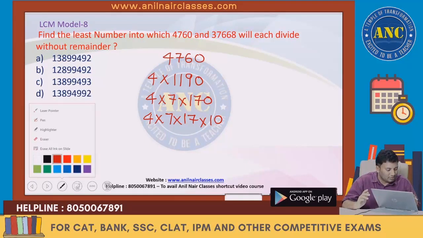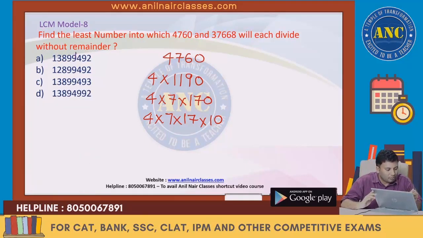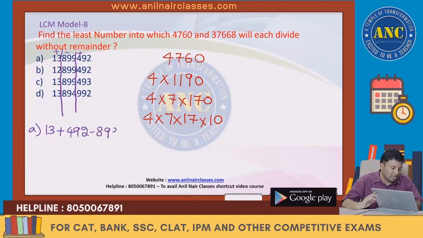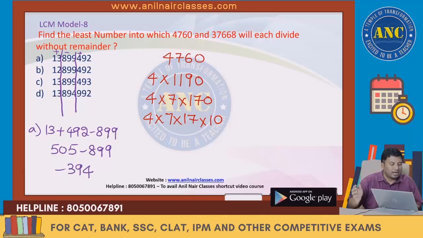Now what is the divisibility rule of 7? Take a group of 3 digits. Alternatively plus and minus. Option A will become 13 plus 492 minus 899. 492 plus 13, which is nothing but 505 minus 899, minus 394. 394. 7 5s are 35, 44. First one is not possible.